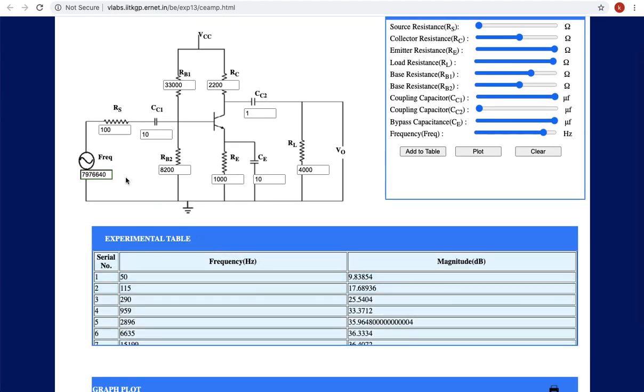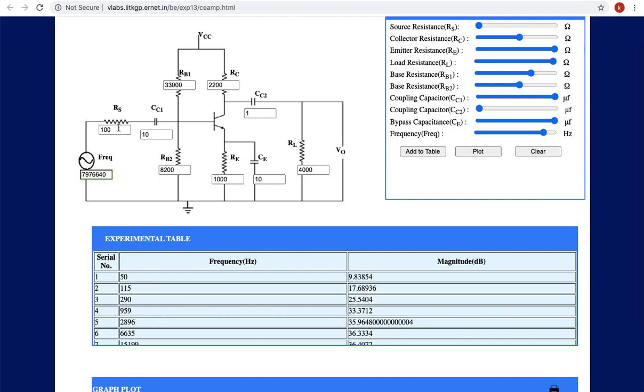Because we must vary frequency and click on plot, otherwise we can't generate values. What we are supposed to do here is fix the input voltage and frequency. Now, don't vary these, but vary RS only, so that the output is half of the maximum value. In this way we calculate input resistance.